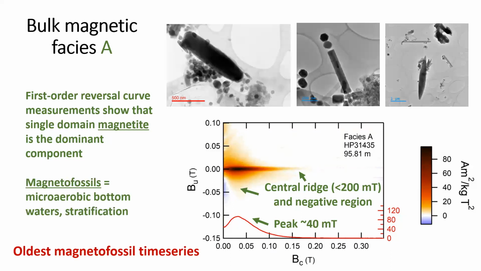We took it a step further and did some electron microscopy and found that there are both giant and conventional magnetofossils in this sample, which is personally very exciting because this is the oldest record of both conventional and giant magnetofossils, like physical visual evidence. For environmental context, the presence of magnetofossils tells us that we have microaerobic bottom waters, and that we at least had some sort of stratification happening during this interval.